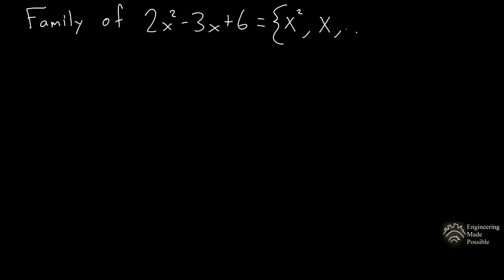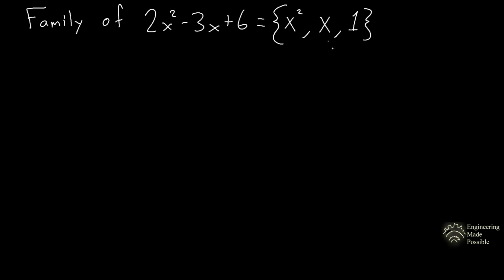You get the derivative and you finally end up with 1. Now, luckily enough, even this one, the family would be x. We already have that included in the first. And for the 6, it'll just be a constant, which will be a multiple of 1 here. So these are the families of the function.